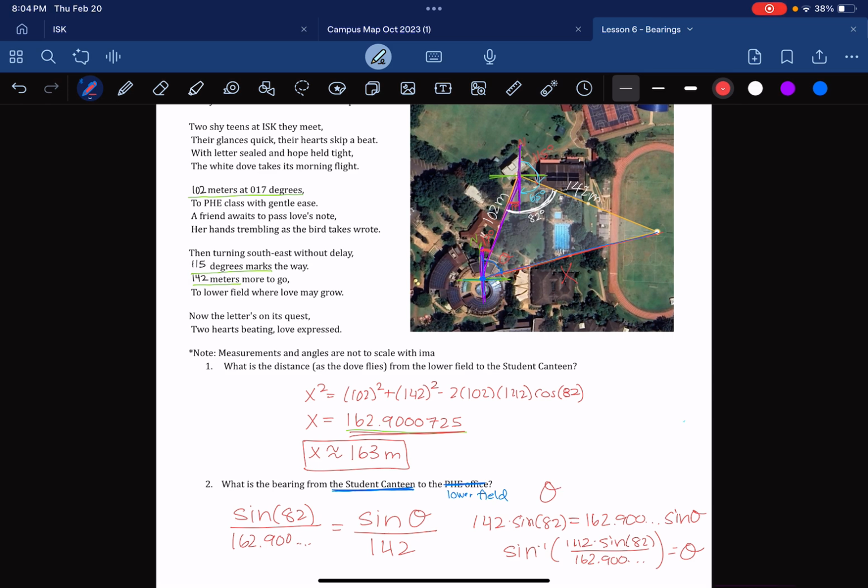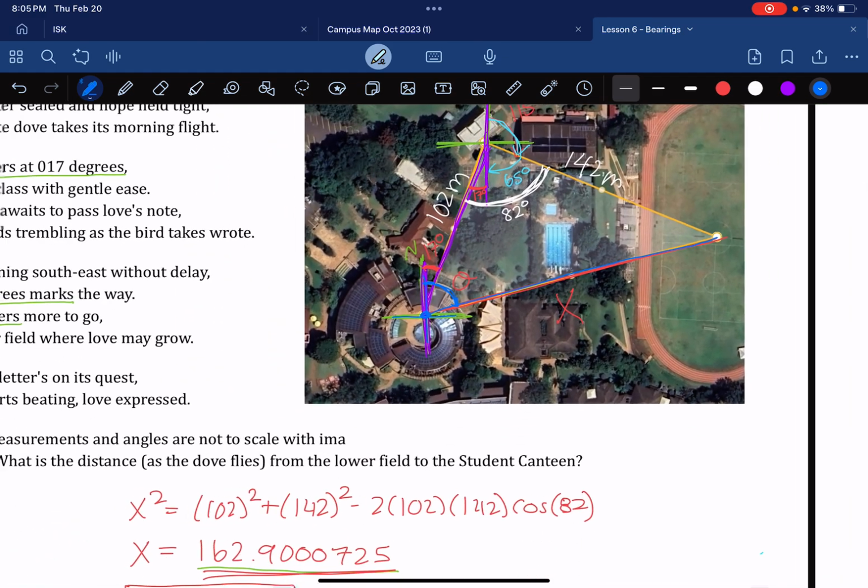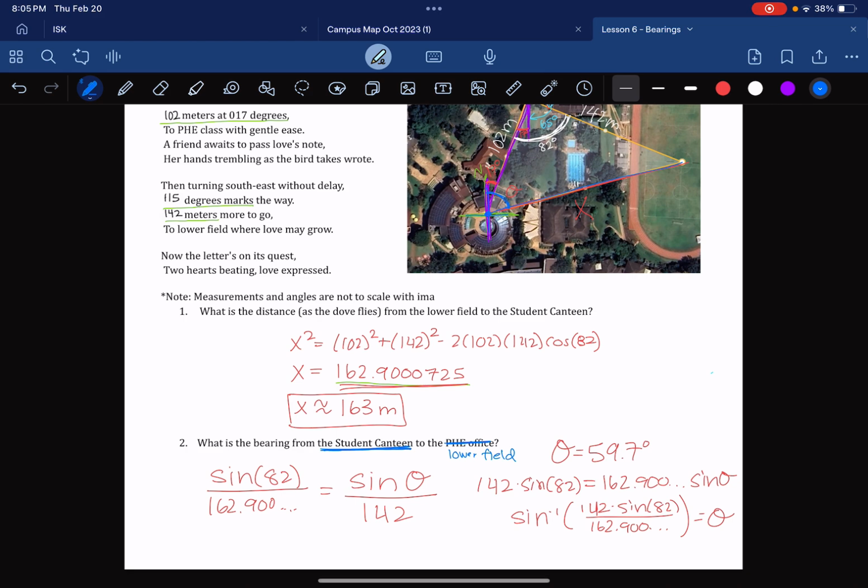Okay, theta ends up equaling 59.7 degrees. But remember, that's only part of what my bearing is. And sorry if that was confusing, that this is a 4. So that's only part of my bearing, right? Because we said that I need to do theta, which is this angle, plus the 17. So in order to finish this and answer the question, I need to add 17 degrees, okay?